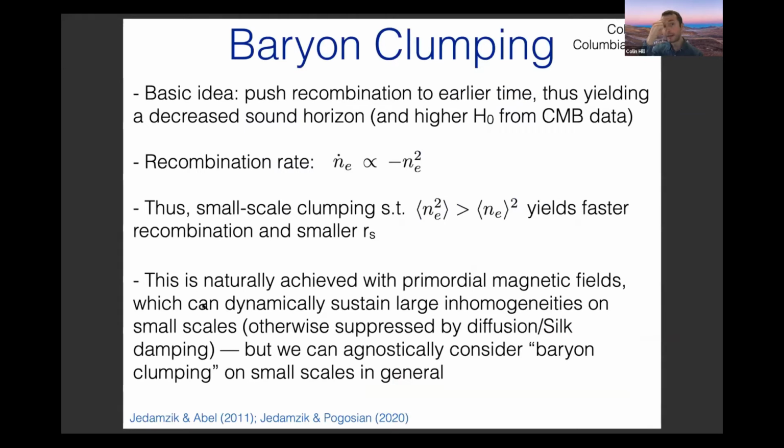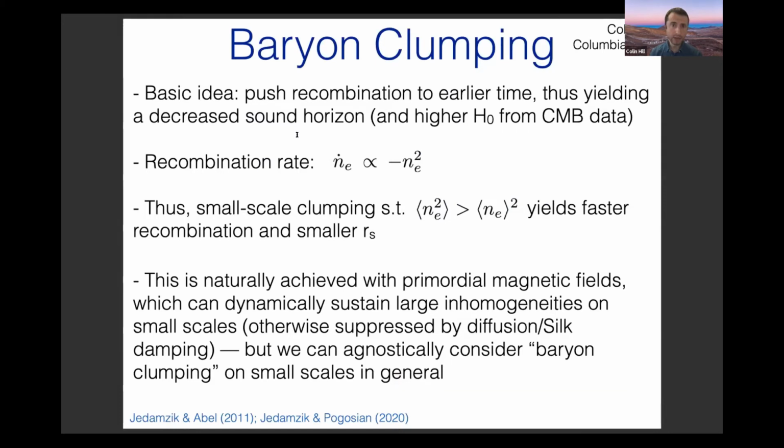So the basic idea is that we want to push recombination to an earlier time, such that the sound horizon is then smaller because it's at an earlier time. And then the H-naught that you'll infer from the CMB power spectrum increases. Now, this is the general type of decreased sound horizon approach that many different models have pursued.